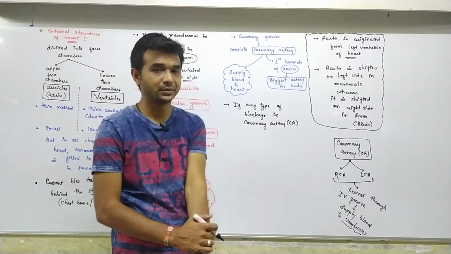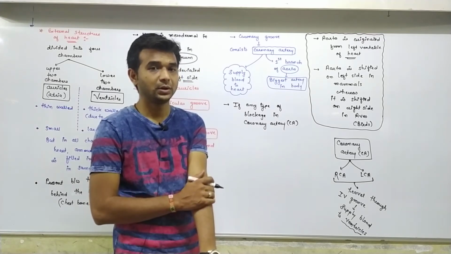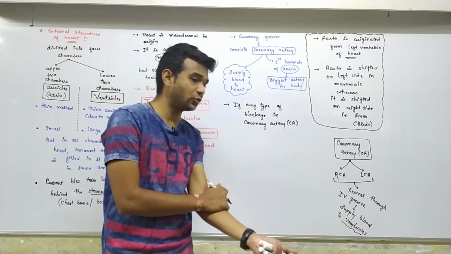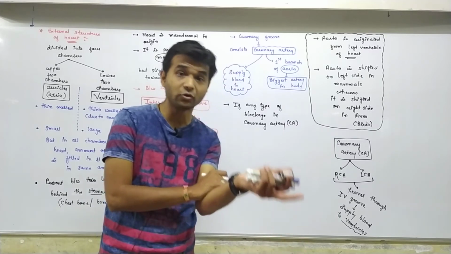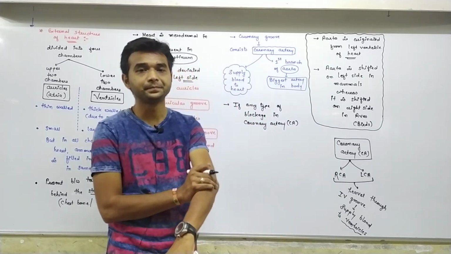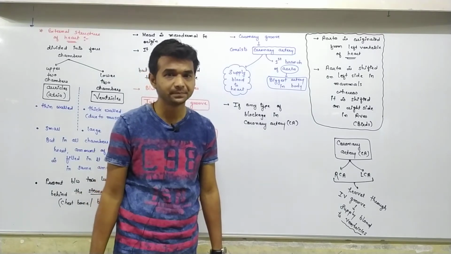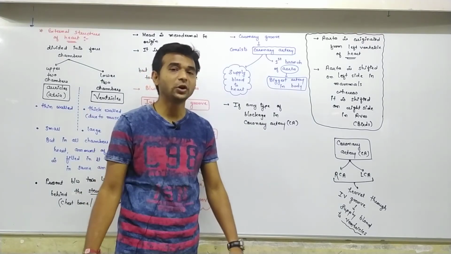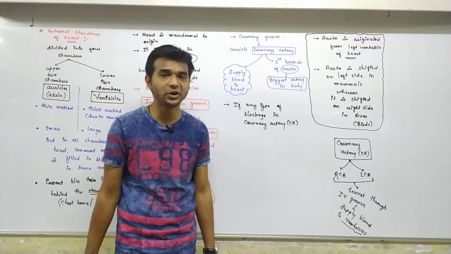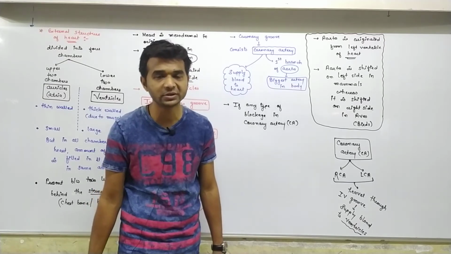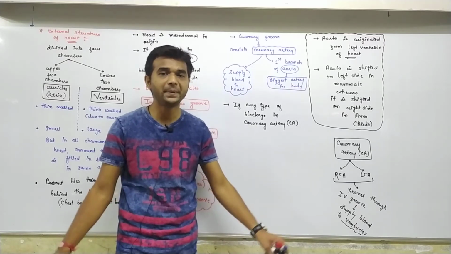Sometimes what happens? There is a blockage in the right coronary artery itself or the left coronary artery itself. Now you think about why this blockage occurs. This blockage occurs due to the more accumulation of cholesterol molecules, that is, lipid.